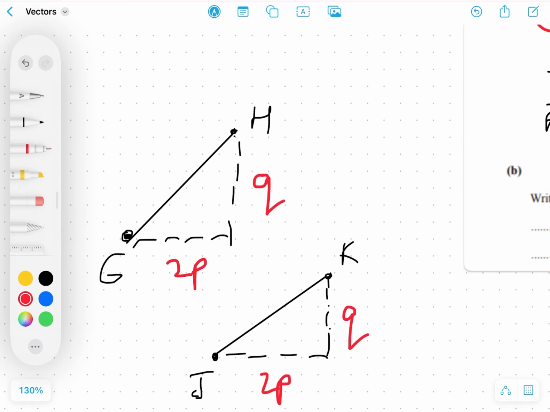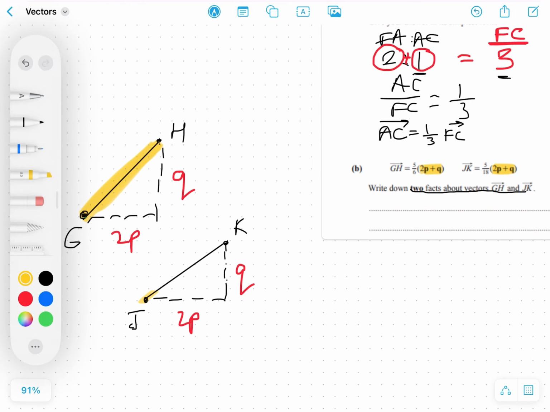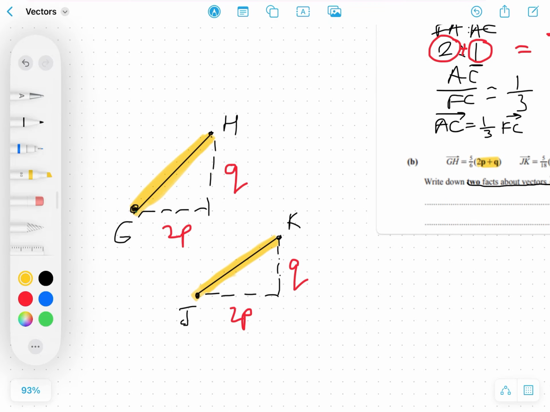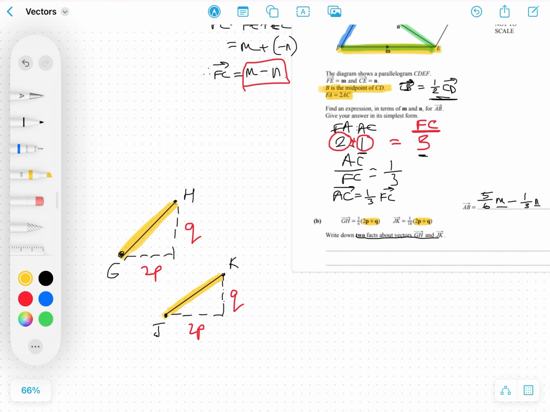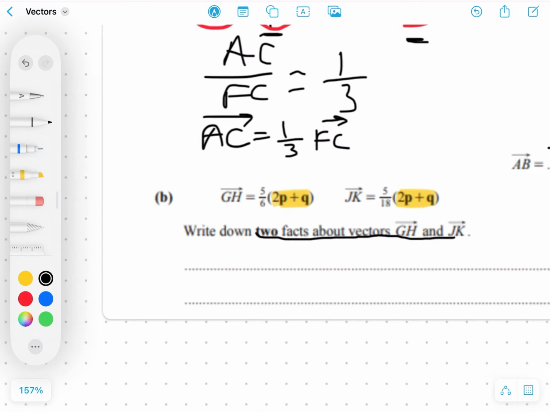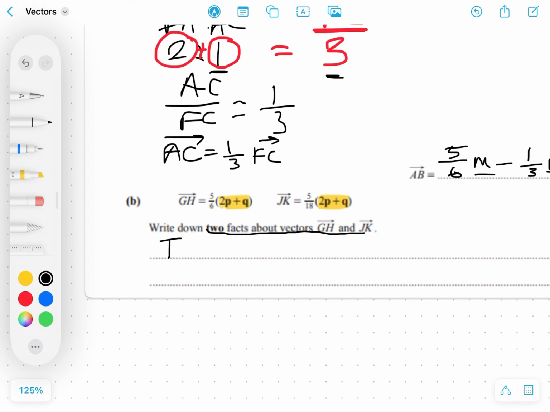So in reality, H would be a point along this line. And similarly, K would also be a point along this line, since it's a fraction of the vector 2p plus q. But now we can see visually that the two lines are parallel, since they have the same vector 2p plus q. So therefore, that's our first fact. We can write down they are parallel.